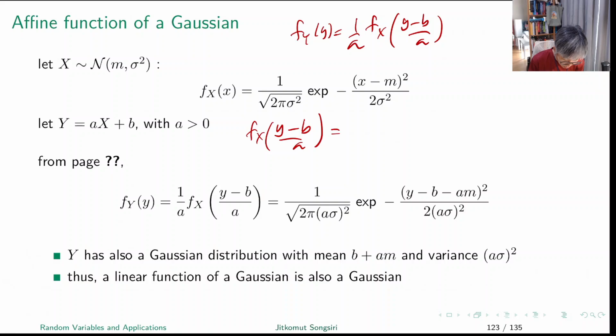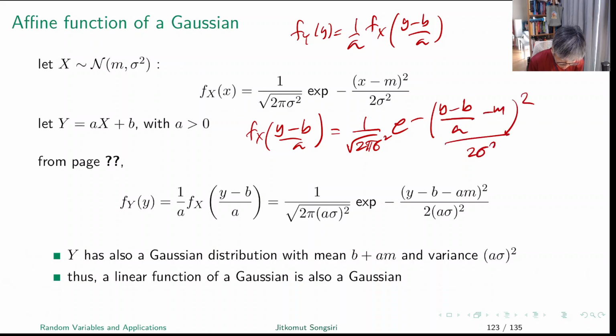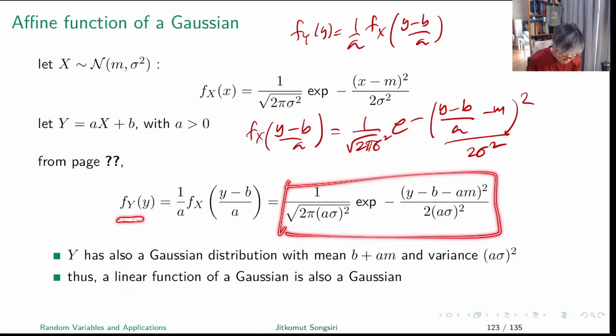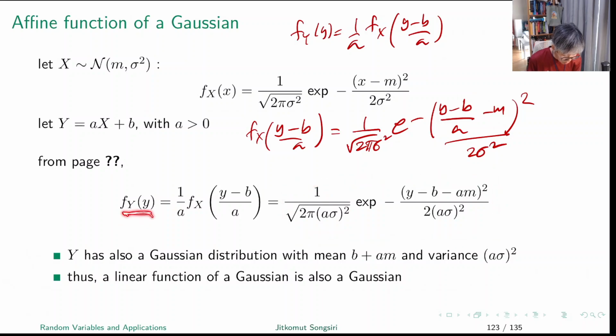You get 1 over this, e to the minus ((y minus b) over a minus m) squared over 2 sigma squared. Once you get it in, it's not hard to see that this is the expression of the density in y. From this step, this is what you get.